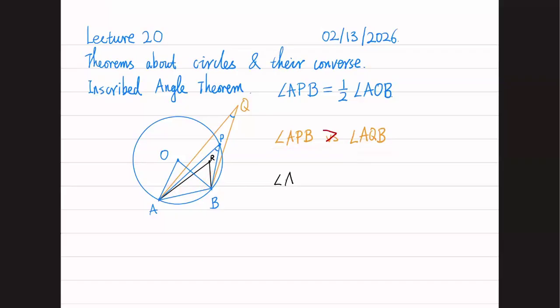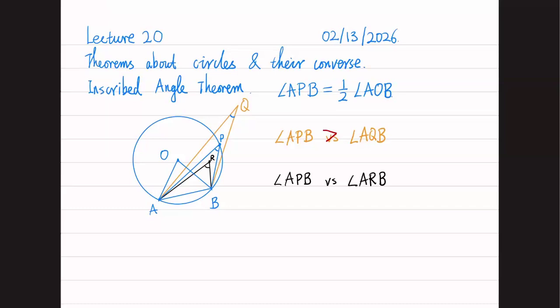Next, APB and ARB. So these two angles, which is bigger, which is smaller, or are they equal?